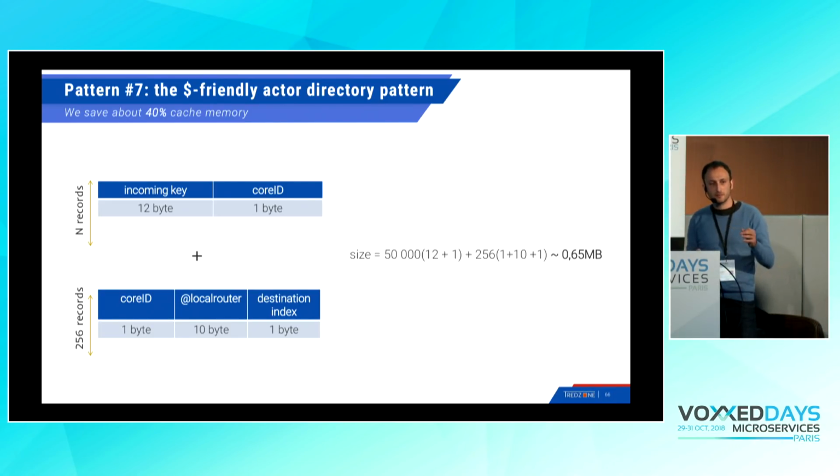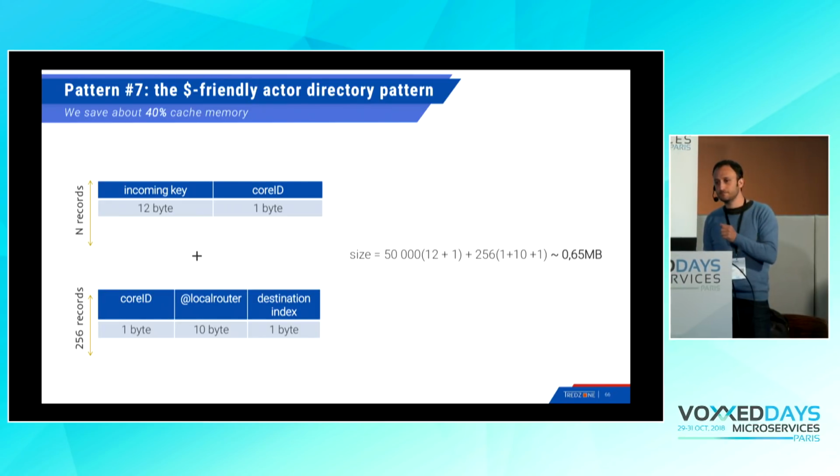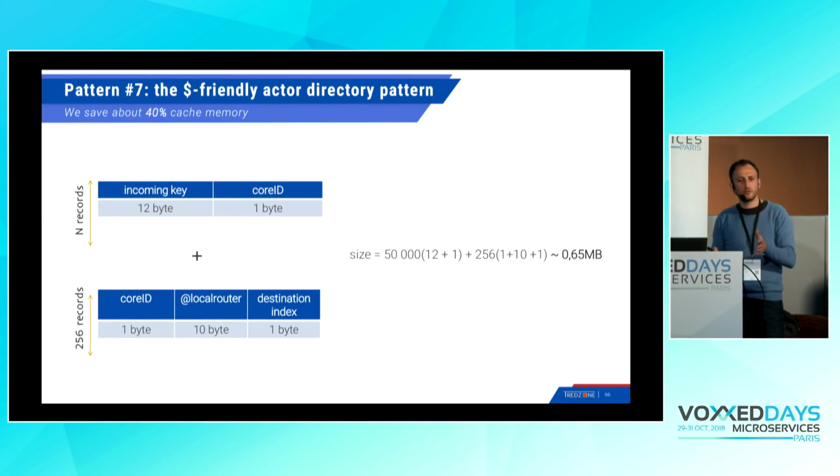So we save about 40% of memory cache doing just this pattern. So you will save cache misses, so you don't go to the L3. So you will save performance just because of this simple pattern.